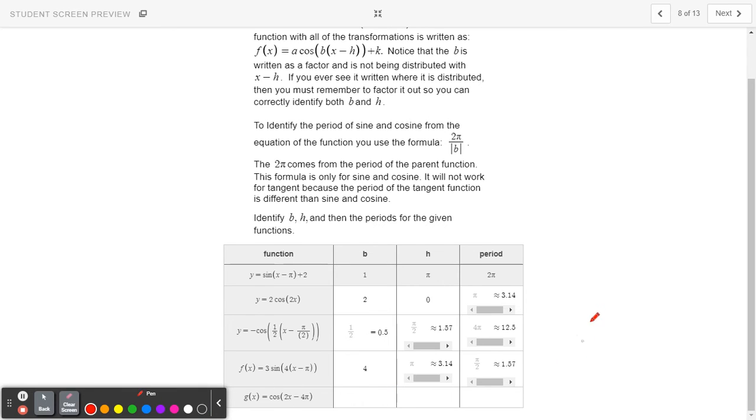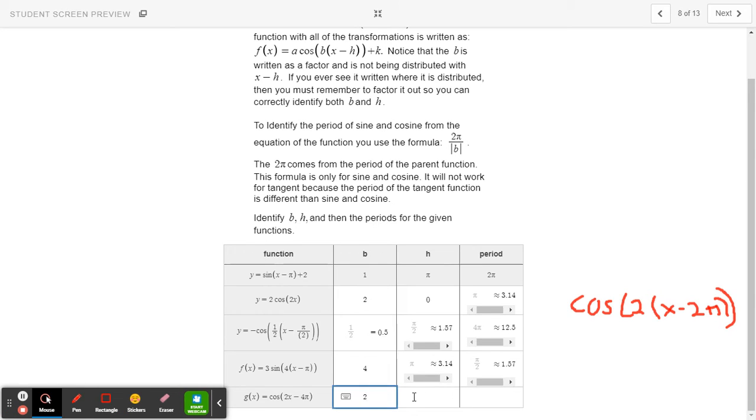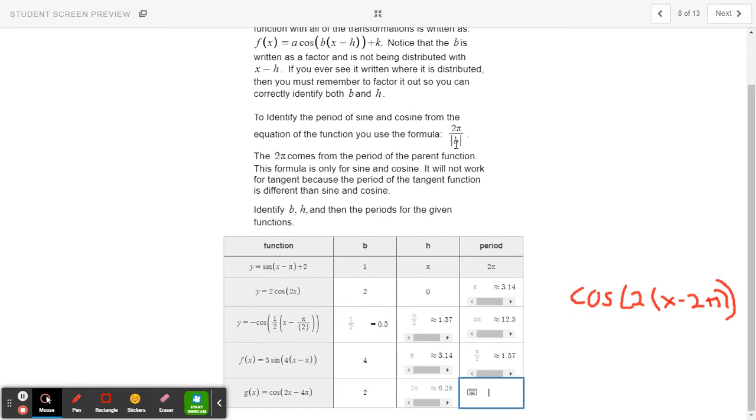If I did that, I would get cosine of 2 times x minus 2 pi. So based off of that, my b is 2 and my h is 2 pi. And if my b is 2, then my period is just pi.